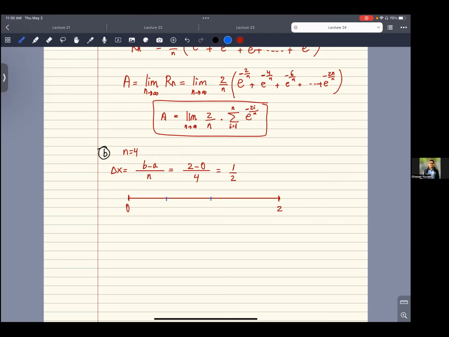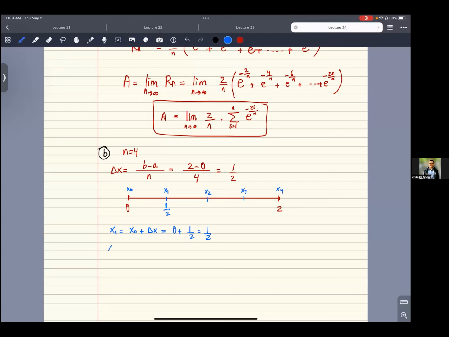I call these points x1, x2, x3, x4, and the starting point is x0. What is the value of x1? It's 1/2, exactly: x0 plus delta x is 0 plus 1/2, which is 1/2.